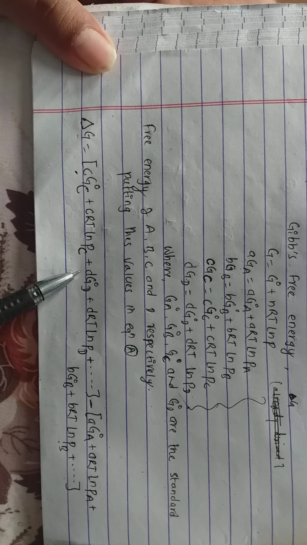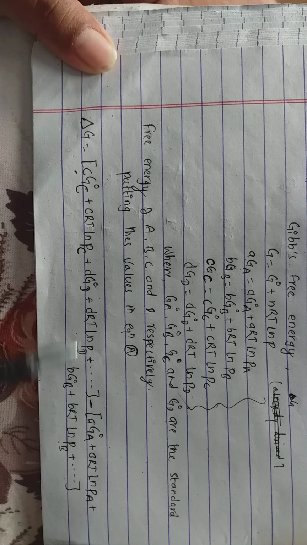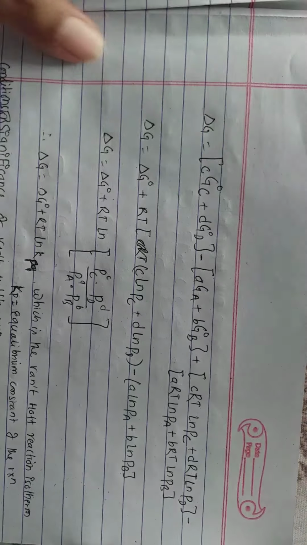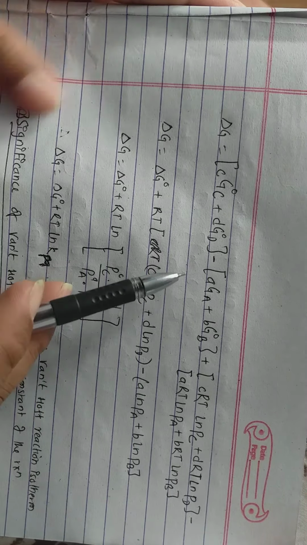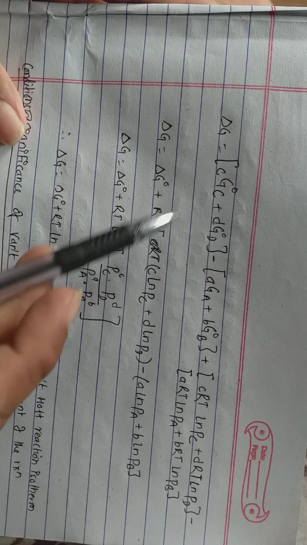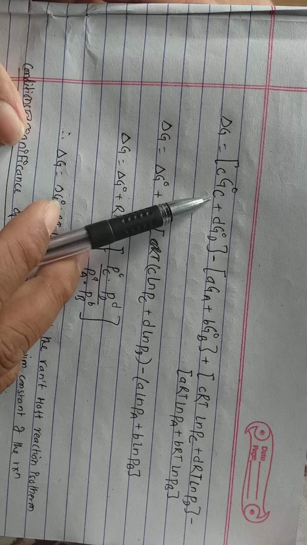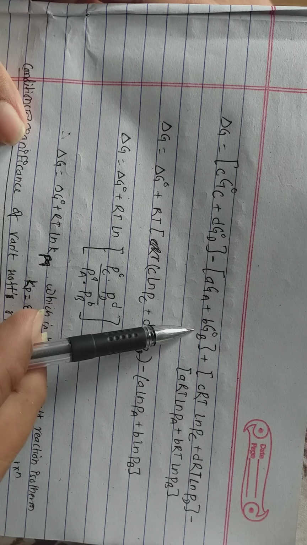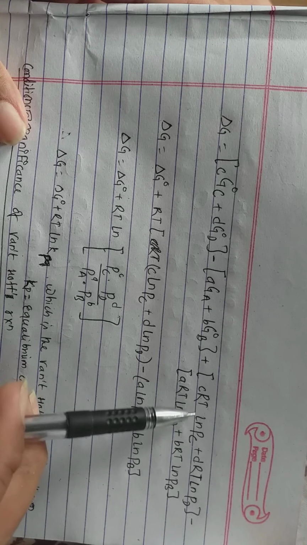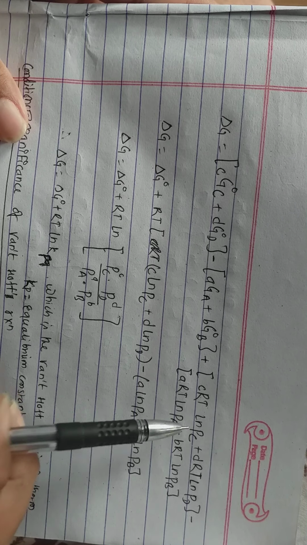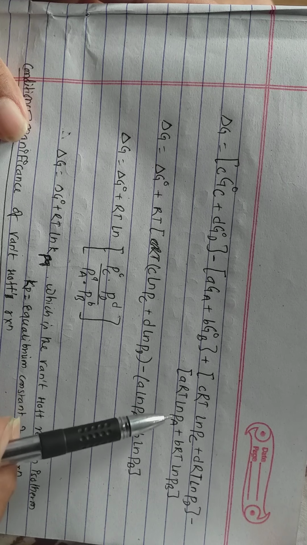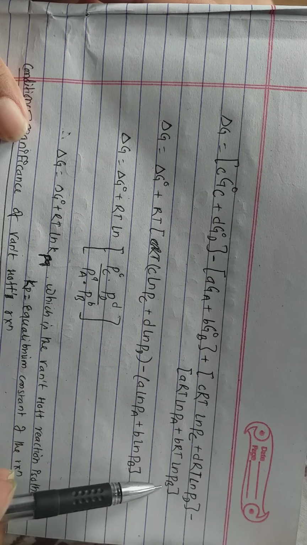Taking common, (cG°c + dG°d) minus (aG°a + bG°b), plus cRT ln Pc plus dRT ln Pd minus aRT ln Pa minus bRT ln Pb.